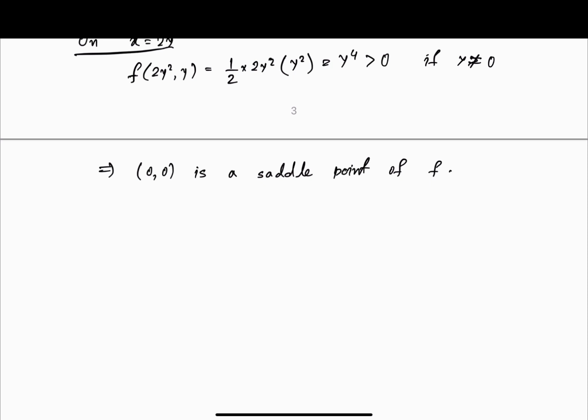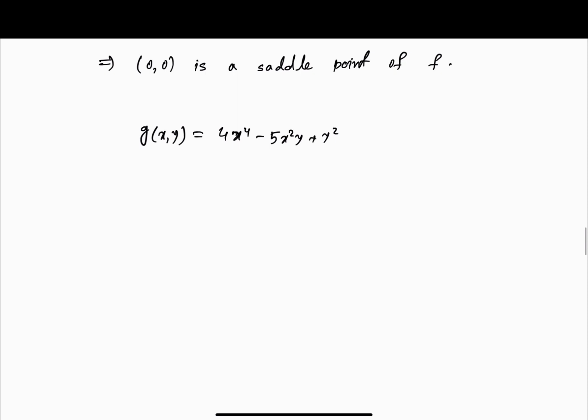So now g(x,y) is 4x⁴ minus 5x²y plus y². Again we have to check whether (0,0) is a critical point or not. So let's find ∂g/∂x.